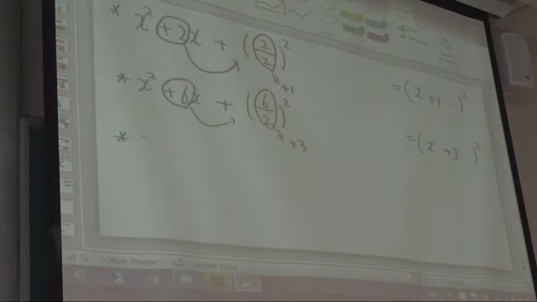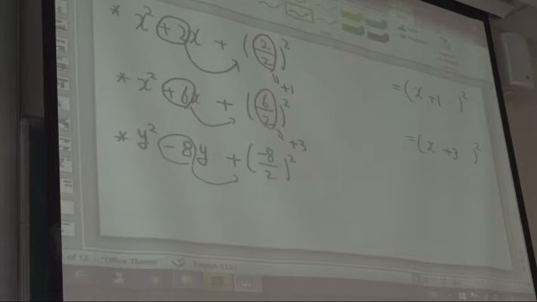If this is y squared plus 8y, well, let's use a negative, so negative 8y. Then what we need is take this negative 8 and divide it by 2 and do the square.